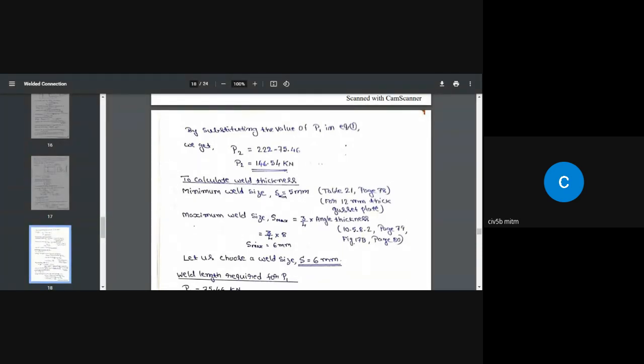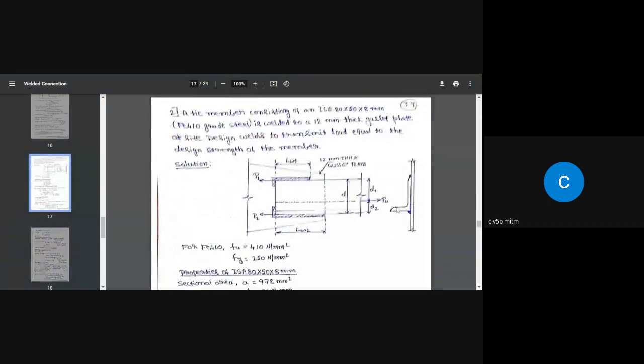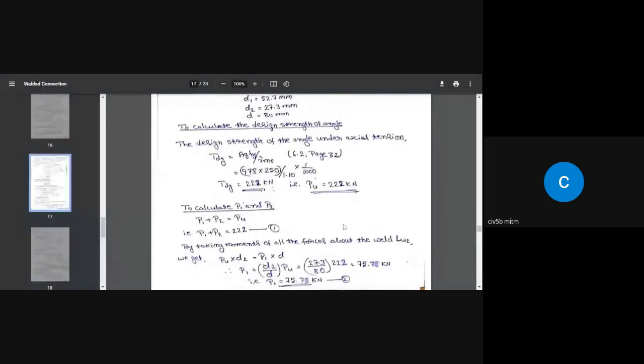Going back up, what is the angle thickness? 8 millimeter. What is the gusset plate thickness? It is given as 12 millimeter. So which one is thicker? The 12 millimeter gusset plate is thicker than the 8 millimeter angle.